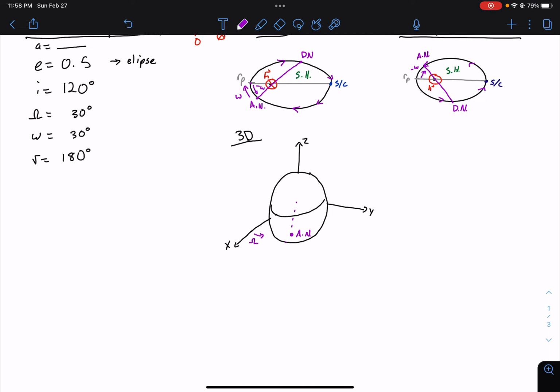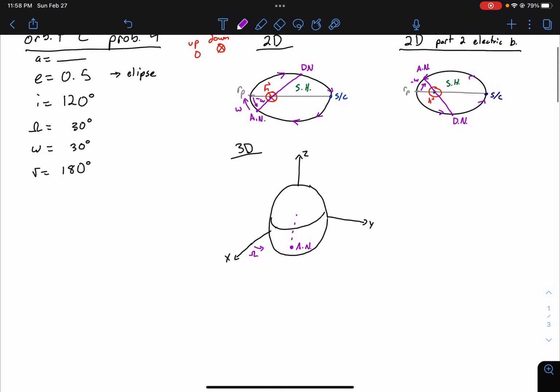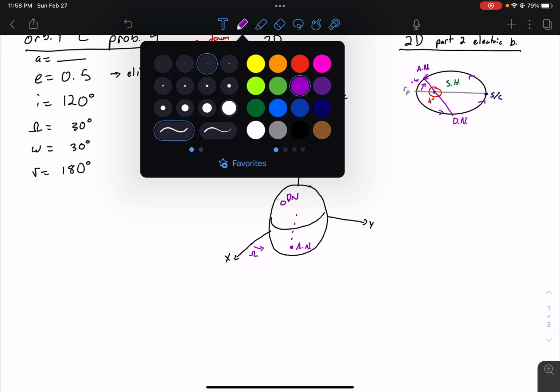Now that we know where the ascending node is, 180 degrees behind it is where the descending node is. A little open spot there, but that's where the descending node is.